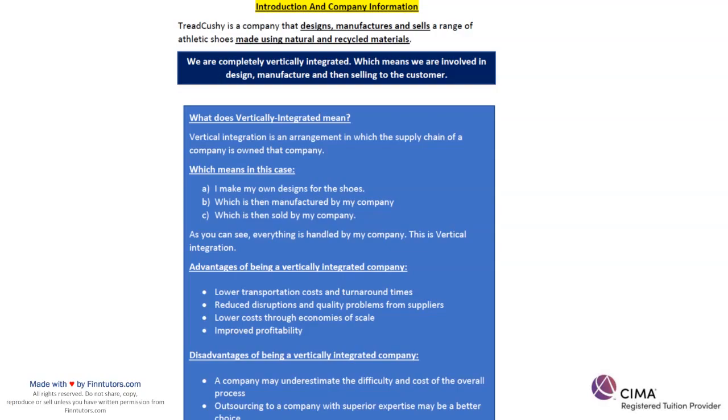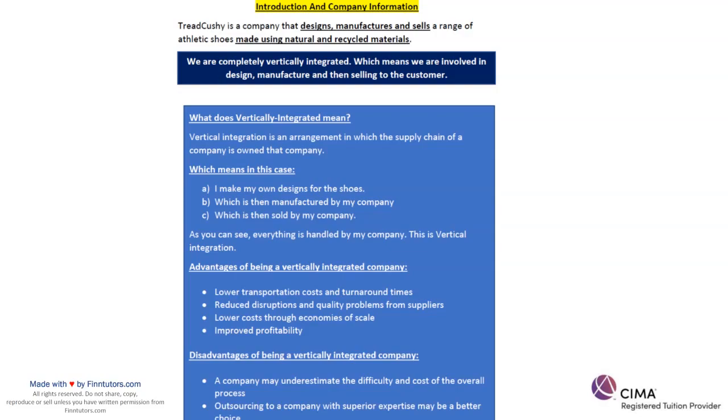So this clearly tells me that I do everything from the beginning to the end, dealing with customers, which means I design the shoe, I manufacture the shoe, and then I sell it myself. This means it's a vertically integrated company, giving you a financial term here. We are involved in design, manufacture, and then selling. Every single process is handled by you.